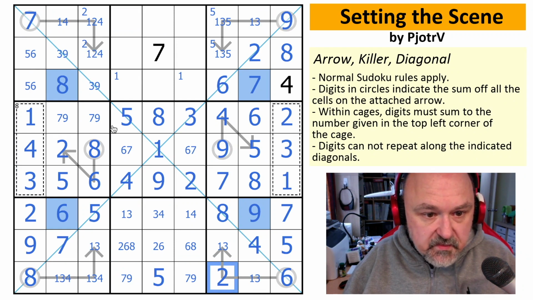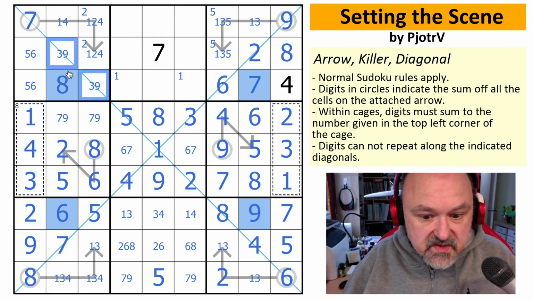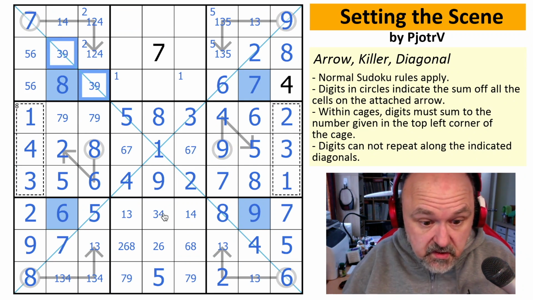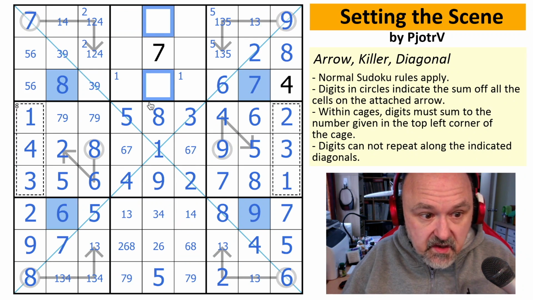Oh, this is falling into place. This has got to resolve. Have I completed the diagonals? No. I'm only missing those that I can see. Is there a 3 or a 9 pointing at them? Probably, but I am oblivious to it. 2, 3, 4, and 6 missing from here.